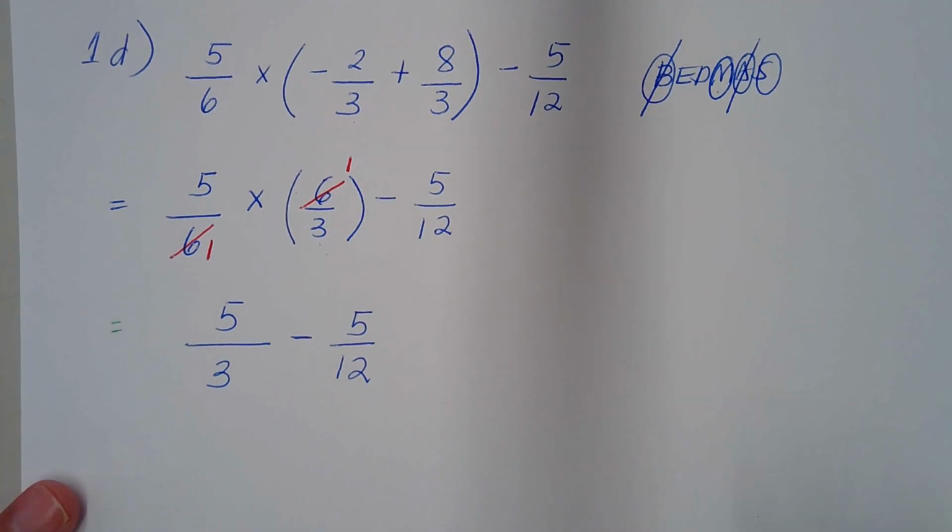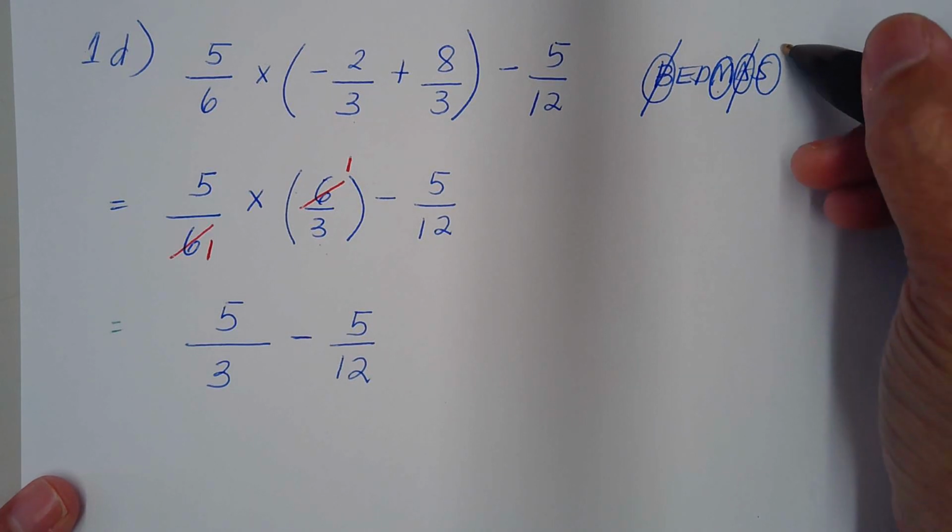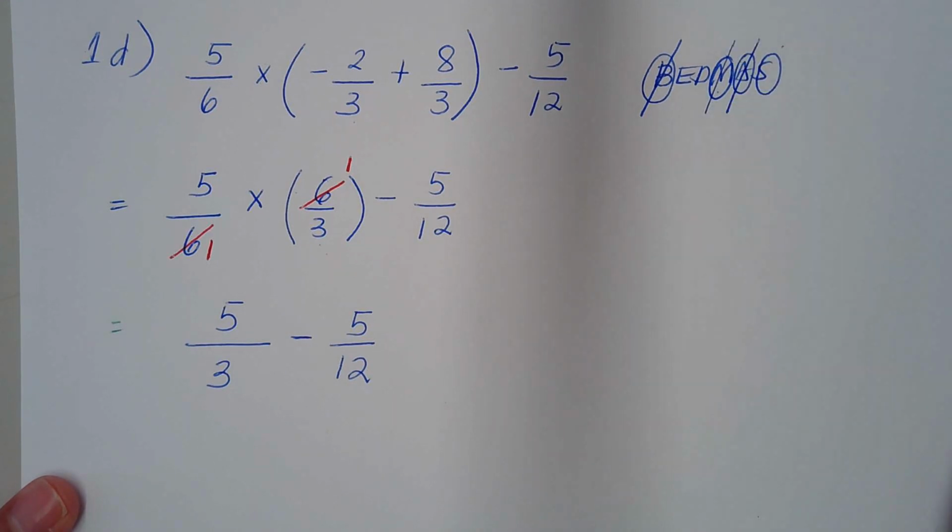Okay. The next step is subtraction. How do we subtract? We need to have the same denominator. How do we make them the same denominator? Our lowest common denominator is 12, right?